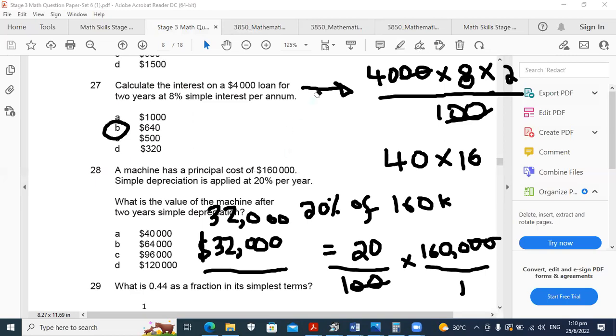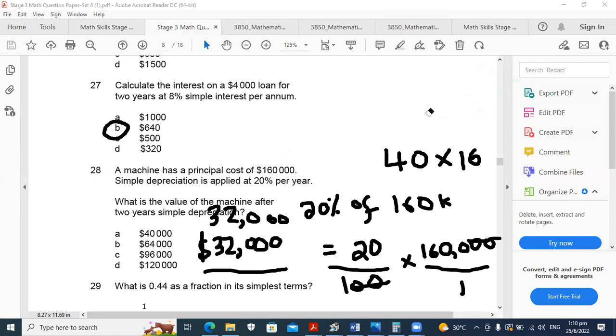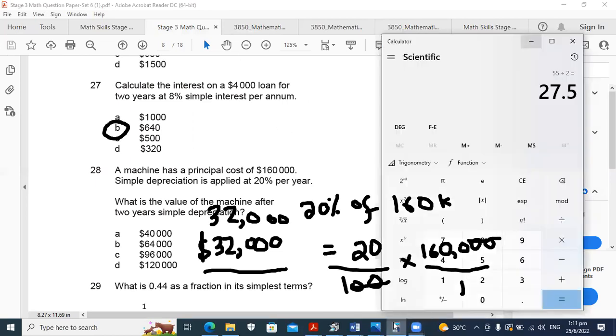So in 2 years time, in year one, 32 grand come off of the machine. Year two, another 32 grand come off of the machine. So in total, $64,000 will come off the machine. What is 64,000 from 160 grand? $32,000.